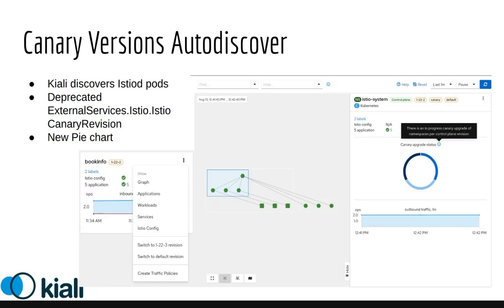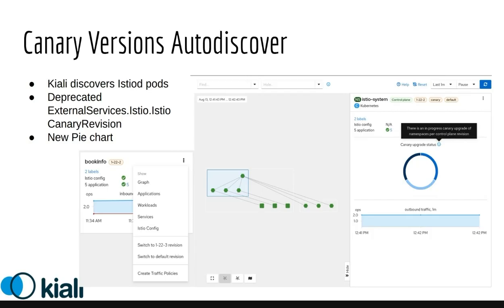When the upgrade feature is configured, so it's enabled, this means that Kiali will discover all Istio pods which are running on a cluster and will recognize them and give a functionality to switch to that version of Istiod.